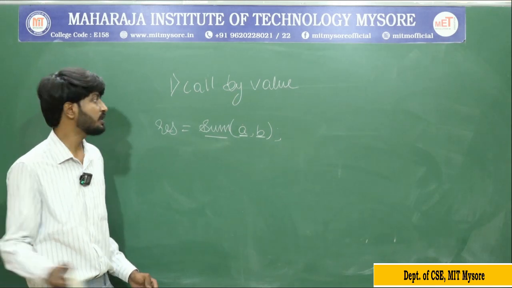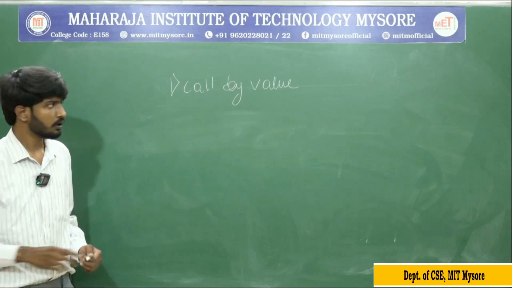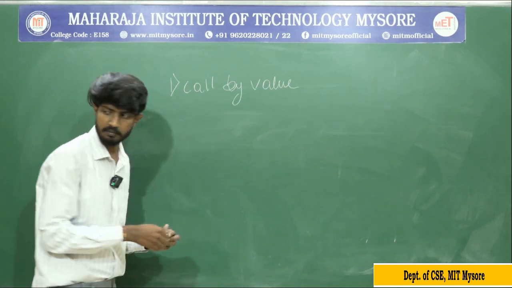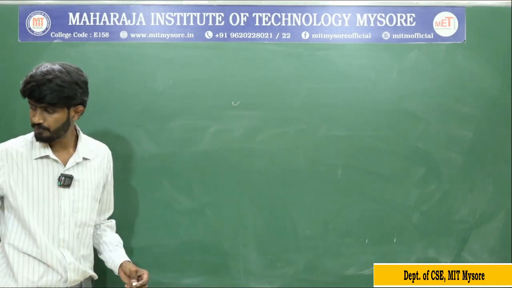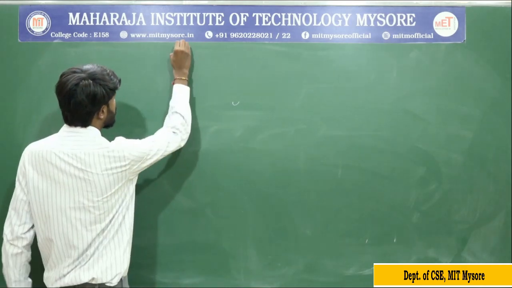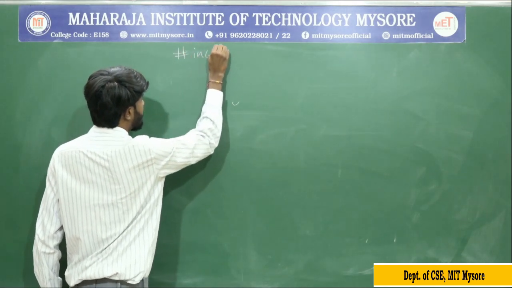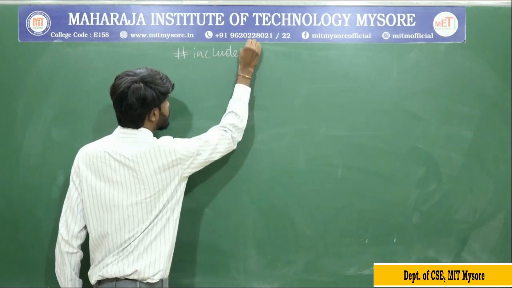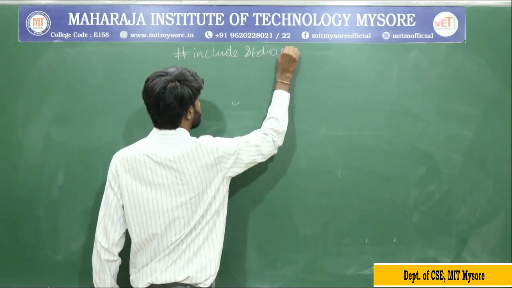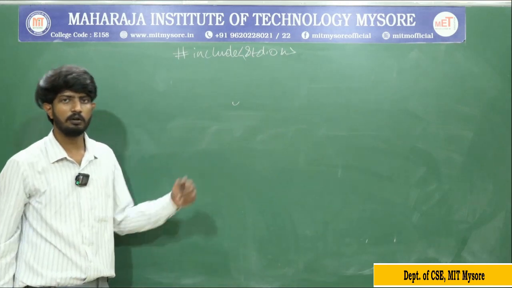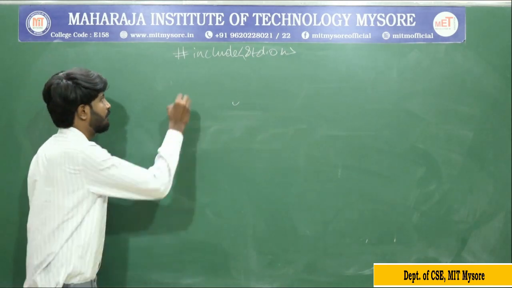So how does this work? I will write a program for call by value. I include stdio.h, and I need to declare my function.